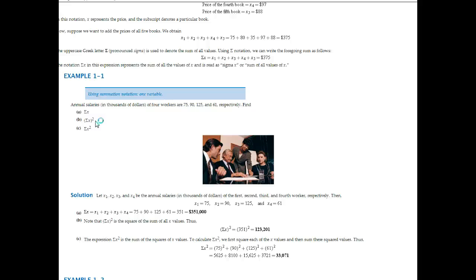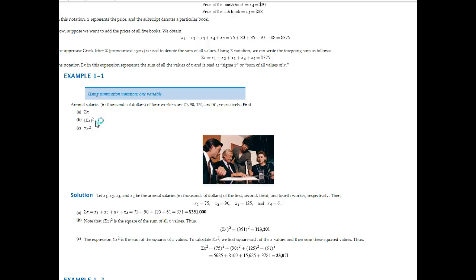The question is, what does that mean? It's not too hard actually. What's that letter? Sigma. And what does it mean to do? It's just sum.